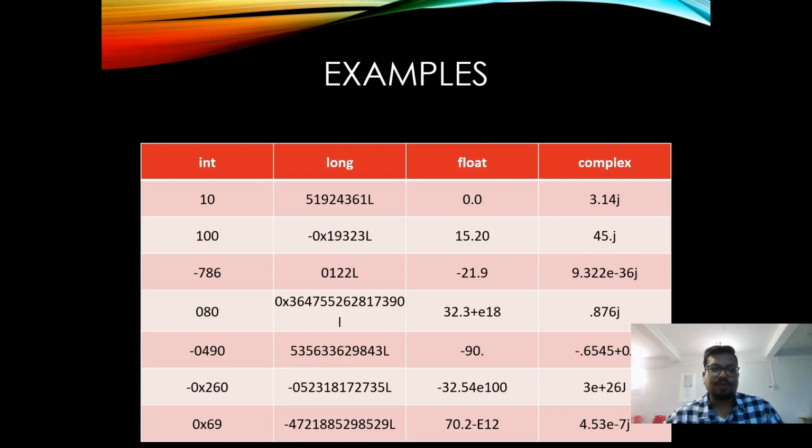Here you can see different examples of integers, long, float, and complex. One thing you can observe over here is that long numbers are defined using an L at the end, which tells the Python interpreter that this is a long integer.